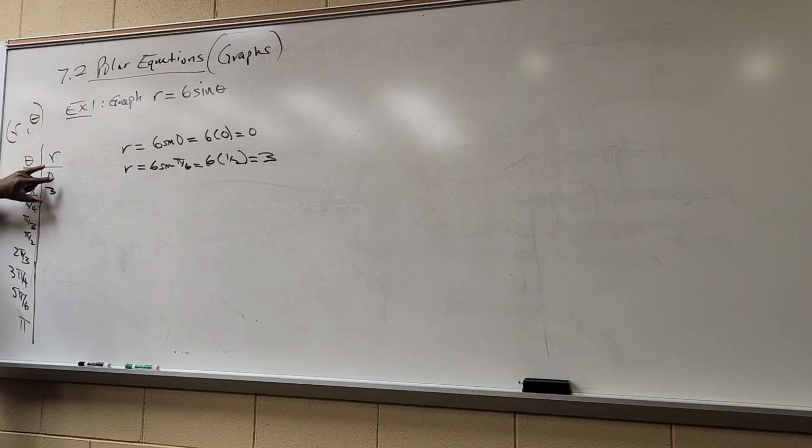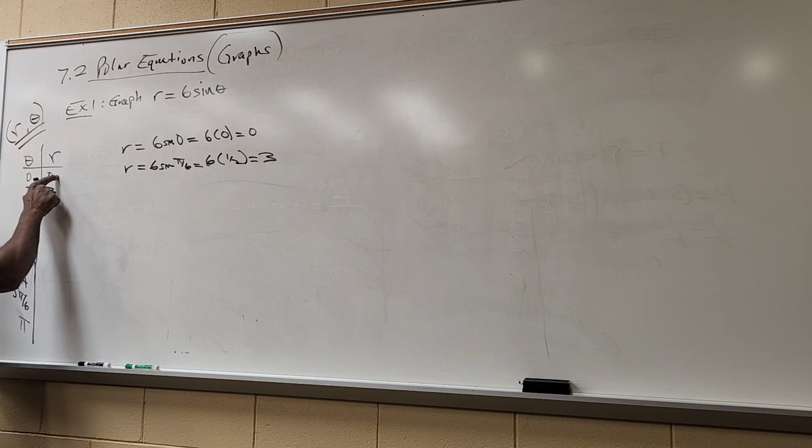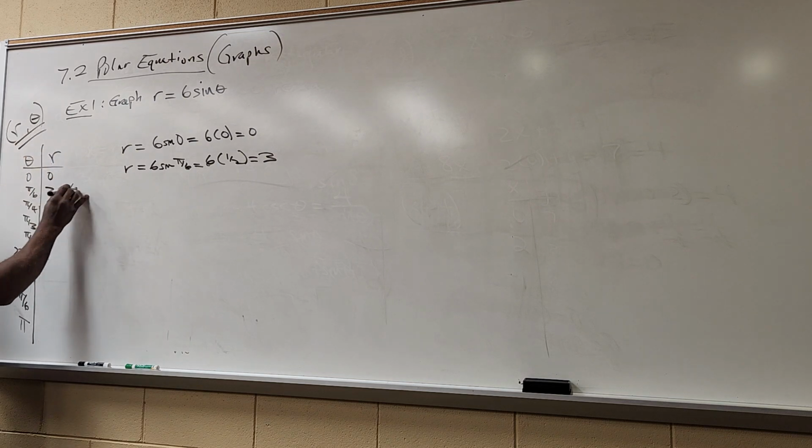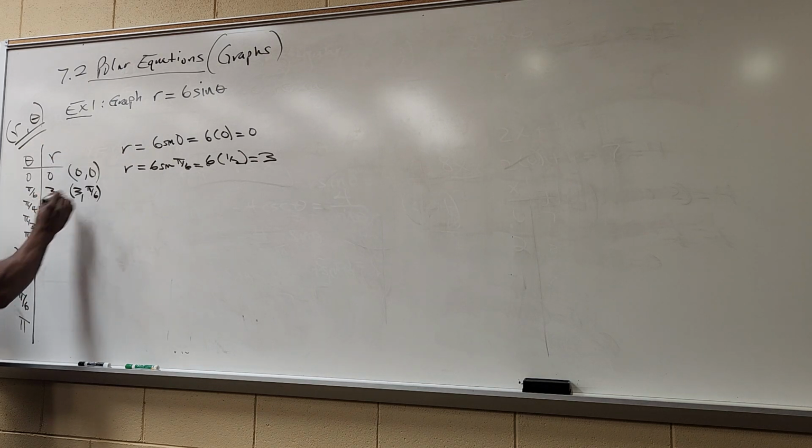That was one reason I wrote the r here and the theta here, but you put the theta in first and get the r. But all points in polar better be r comma theta. So 0, 0 is on the graph, and 3, pi over 6 is on the graph.